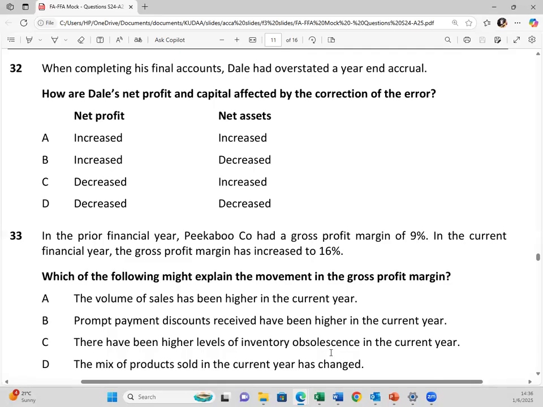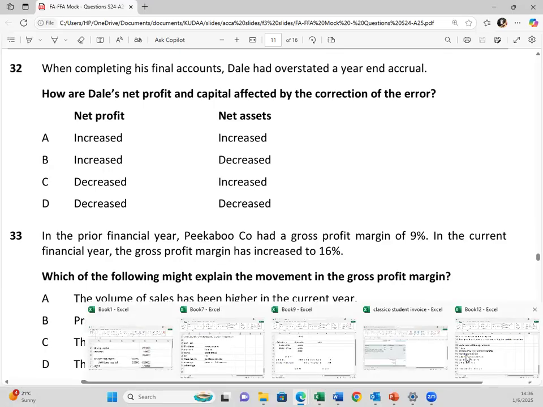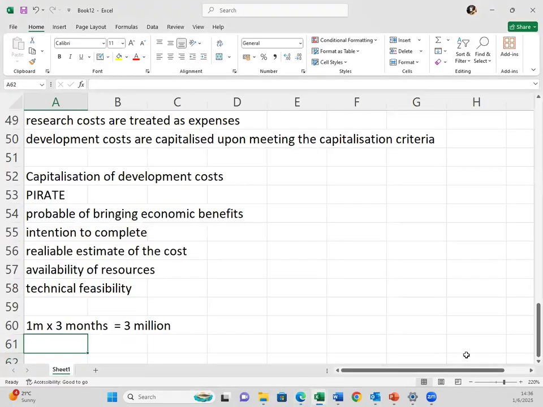So if accrued expense has been overstated, it means, because accruals increase expenses, that we had deducted a higher amount for expenses. By correcting this, let's have a demonstration.